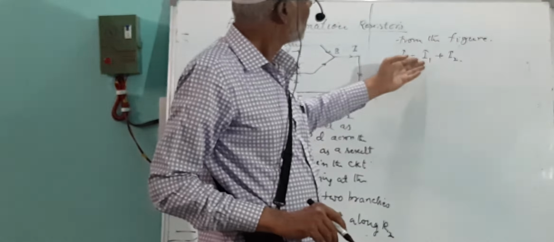In order to arrive at an expression, for this branch, the first branch, and this second branch, you have to apply Ohm's law. According to Ohm's law, V remains constant.